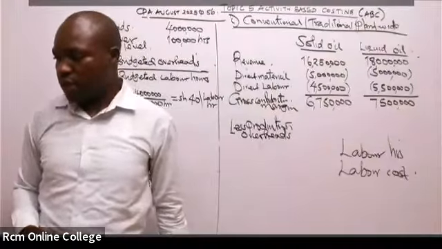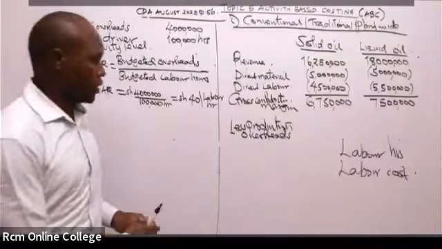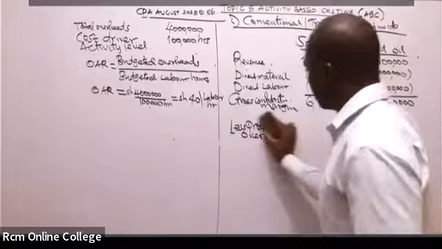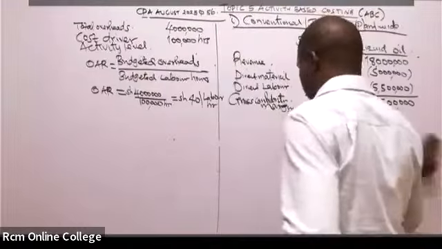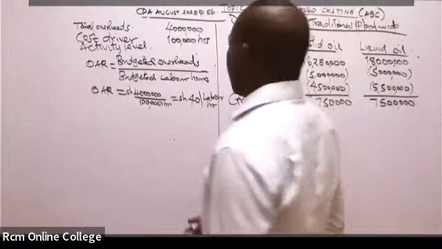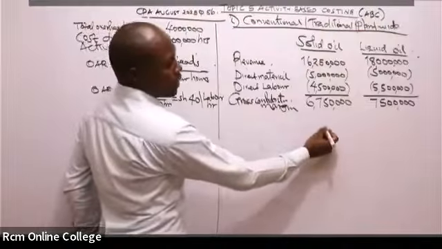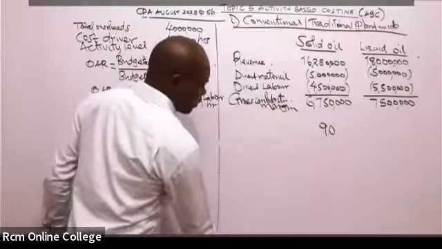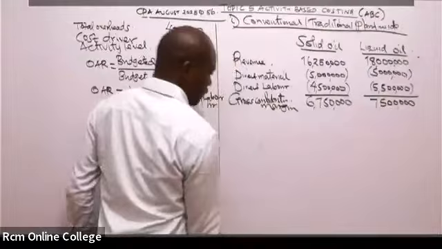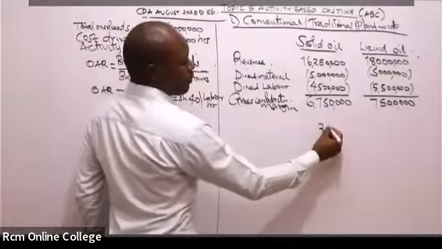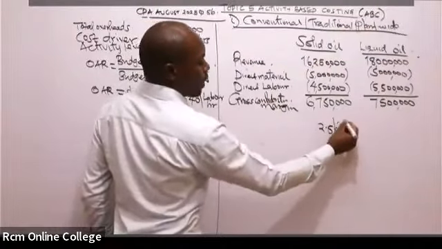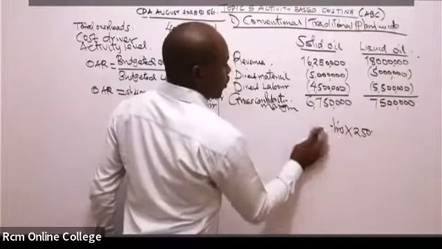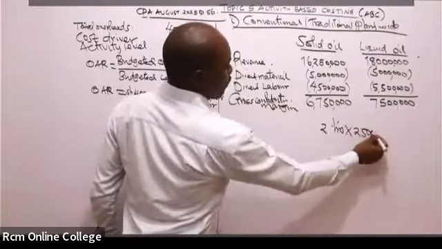How did we get the 100,000? Solid oil requires 2 hours of direct labor, and we need to produce 25,000 liters.